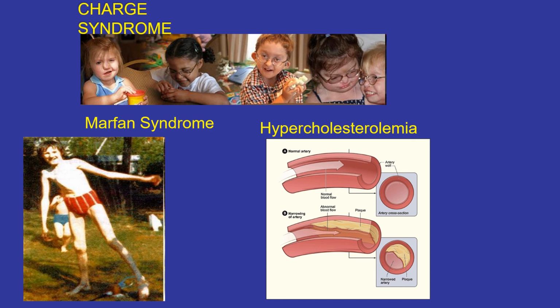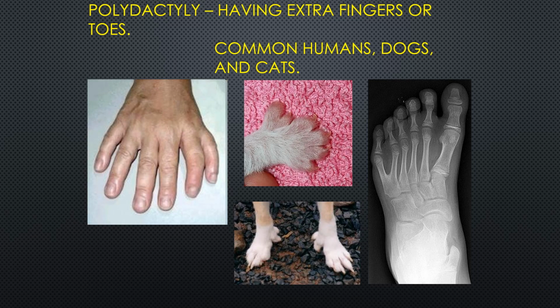We have CHARGE syndrome, Marfan syndrome, hypercholesterolemia, sorry, I can't say that very well. And this one in particular is quite fascinating. Polydactyly. This is having extra fingers or toes, and it's actually fairly common in humans, dogs, and cats. So those of us who have 5 fingers and 5 toes actually have a homozygous recessive trait. Let that sink in for a minute.